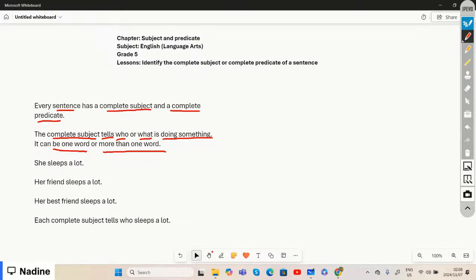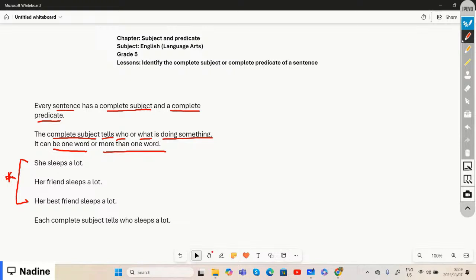So the complete subject in the sentence that tells us who or what is doing something can either be one word or more than one word.